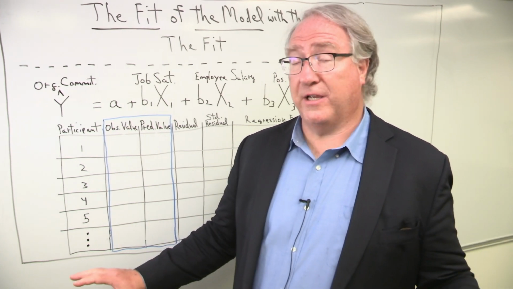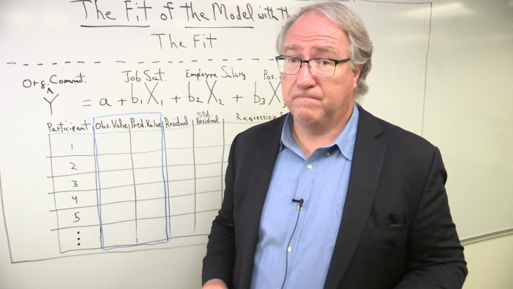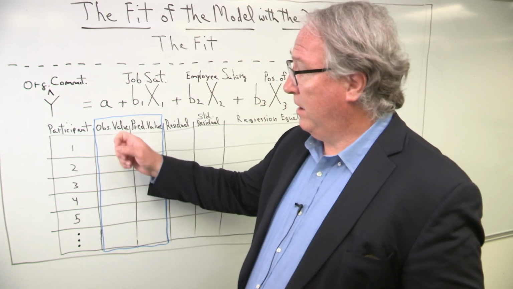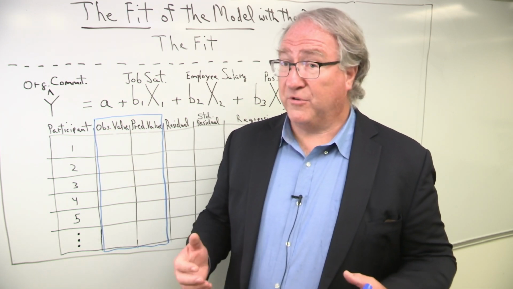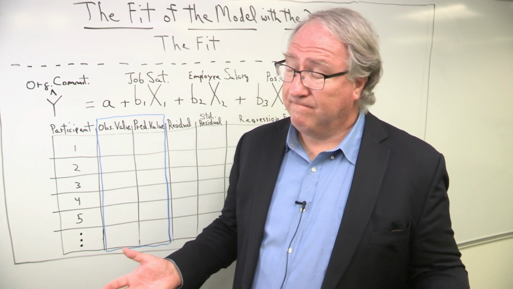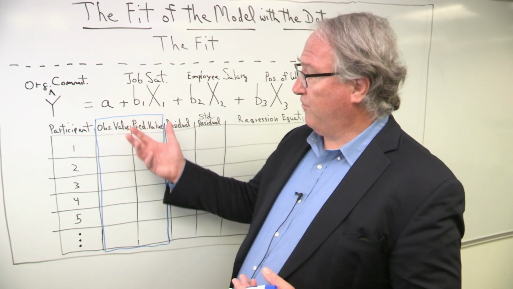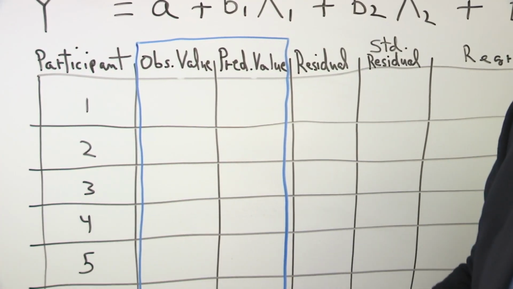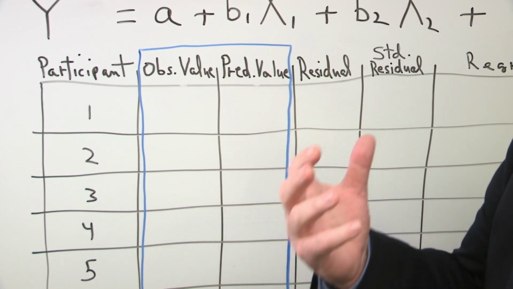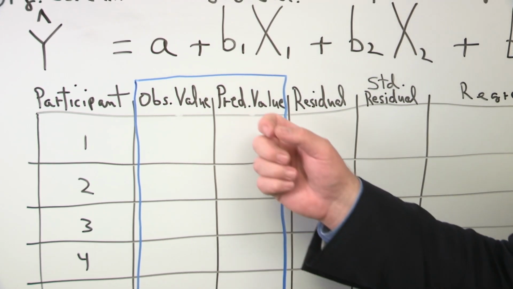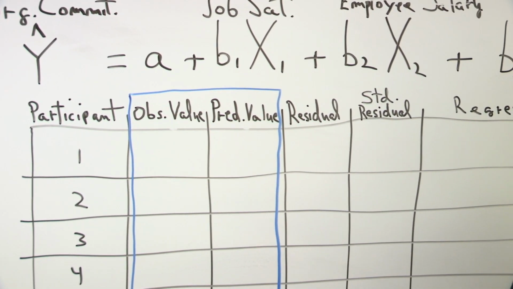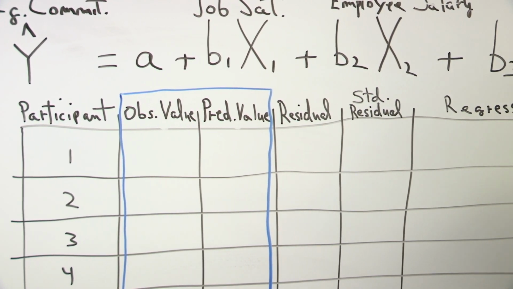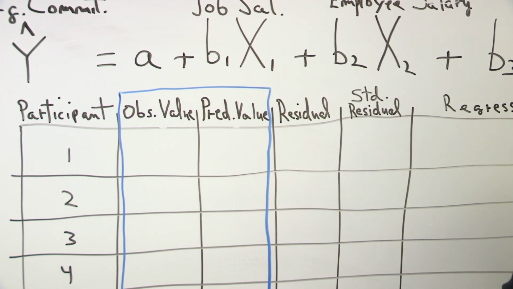The predicted values represent the model, and the observed values represent the data.